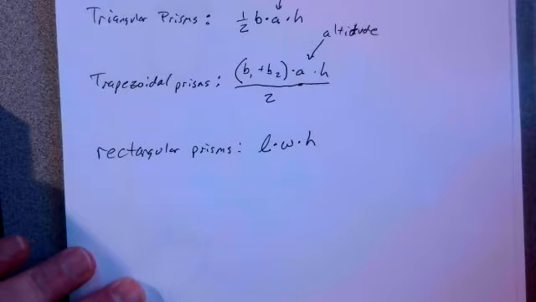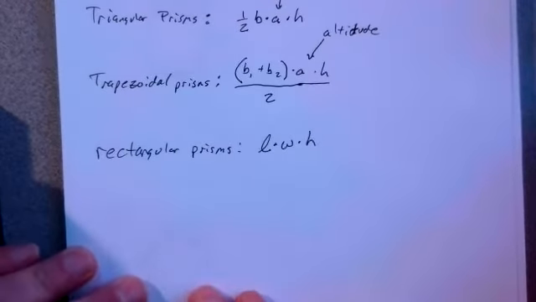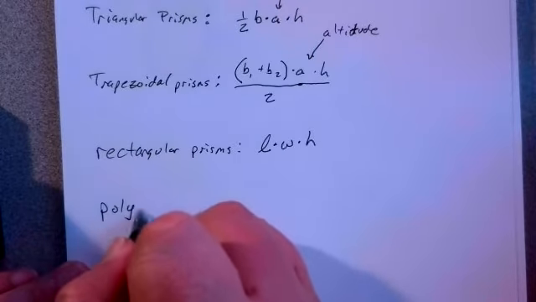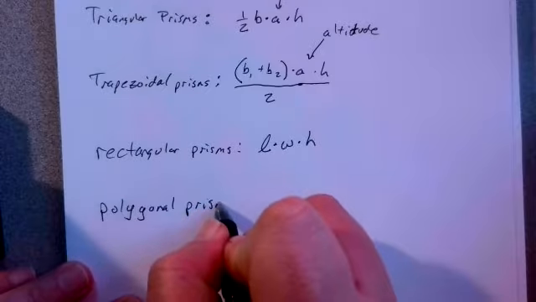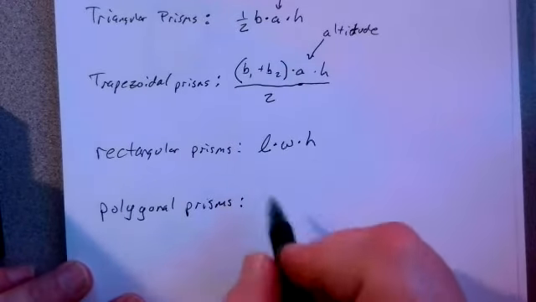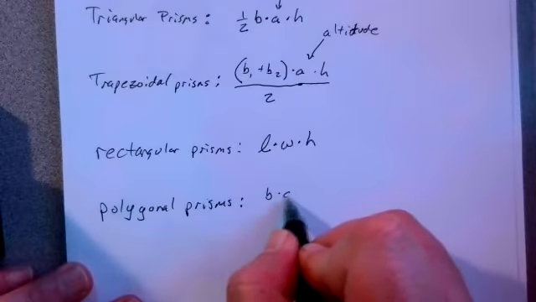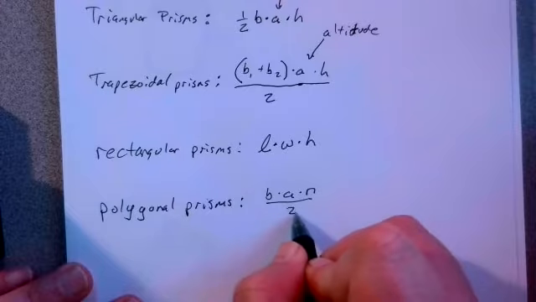And then when we get to polygonal prisms, we have base times apothem times the number of sides divided by 2.